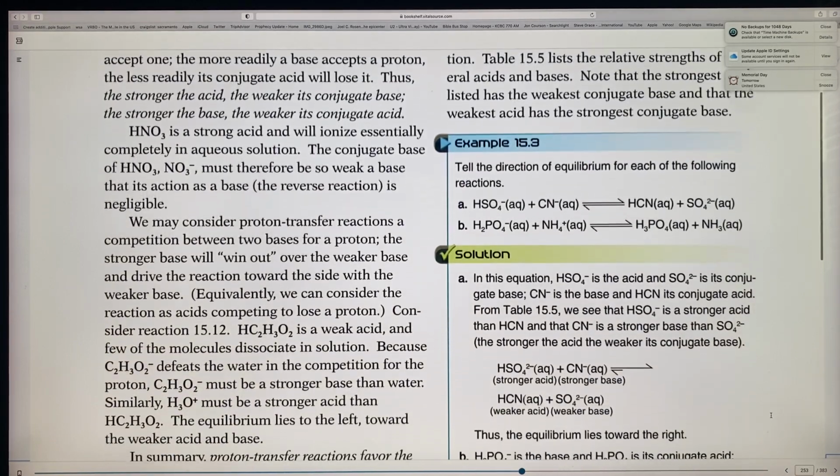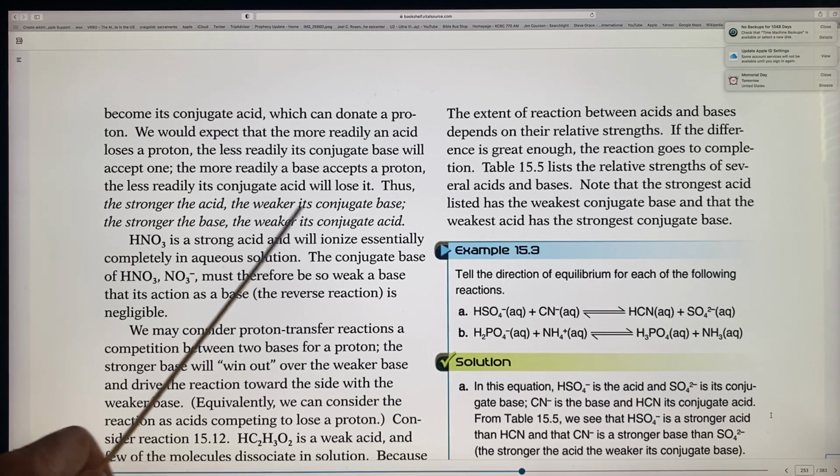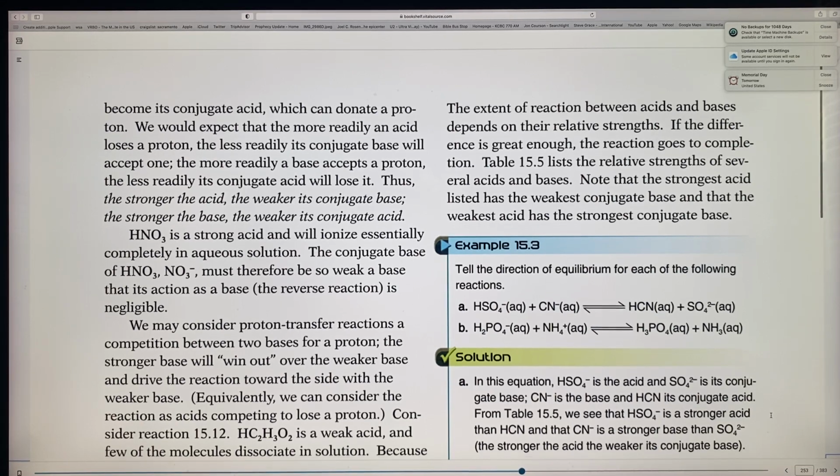Just remember this: the stronger the acid, the weaker its conjugate base will be. The stronger the base, the weaker its conjugate acid is going to be. So when you have a strong acid, you're going to have a weak conjugate base, and when you have a strong base, you're going to have a weak conjugate acid in your equation.